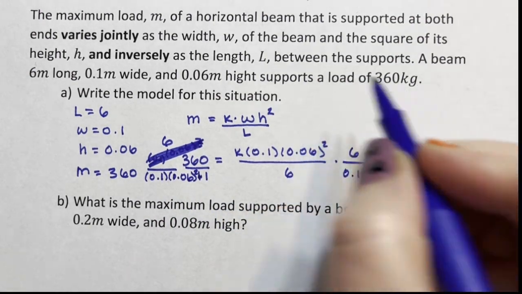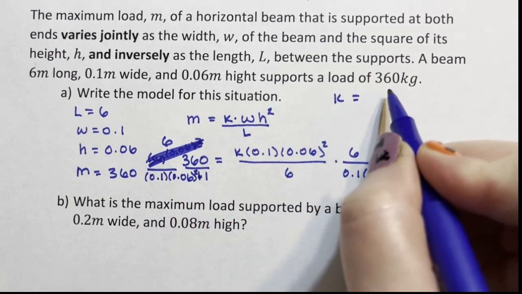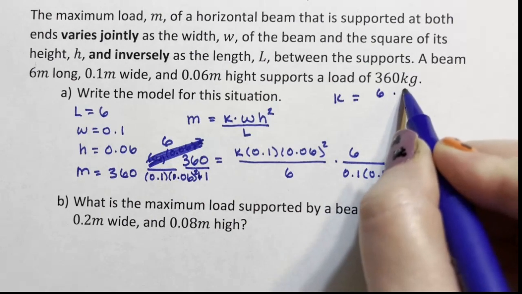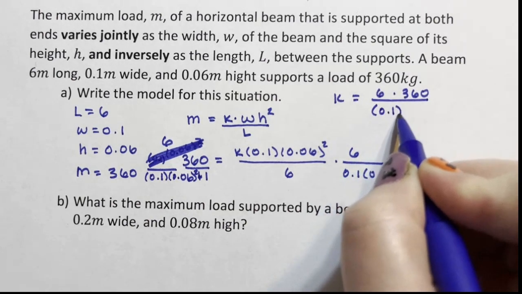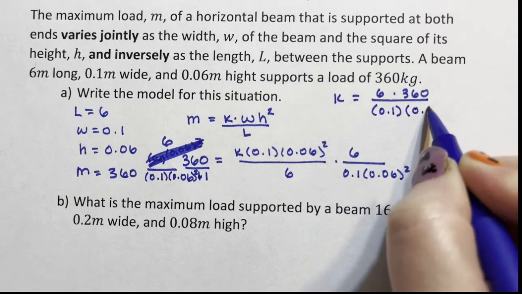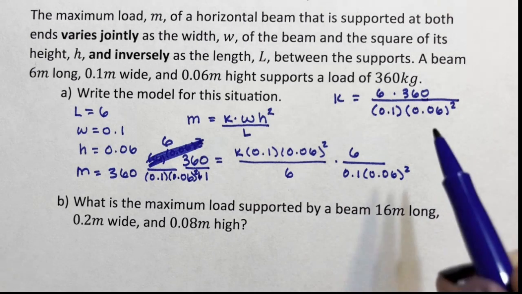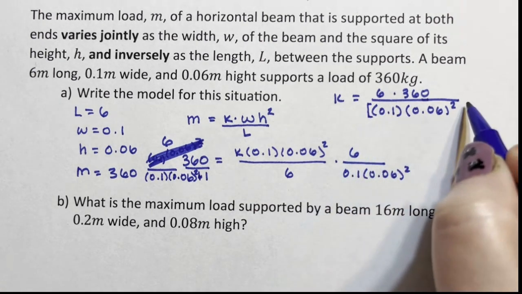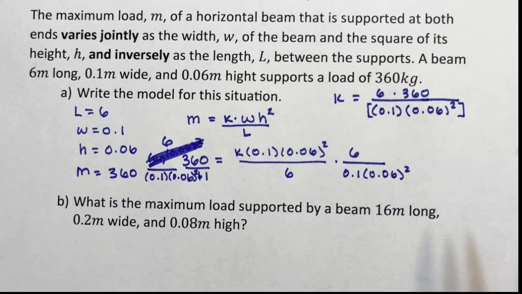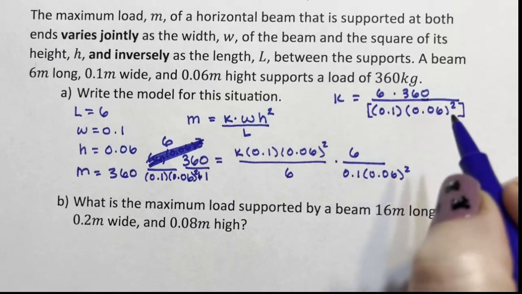So when I calculate K, I'm going to rewrite this so it makes sense. It's going to be 6 times 360 divided by 0.1 times 0.06 squared. This is what I'm going to put in the calculator. Make sure when you put this into your calculator, you either put an extra set of parentheses around that denominator, or you divide by 0.1, divide by 0.06 squared.